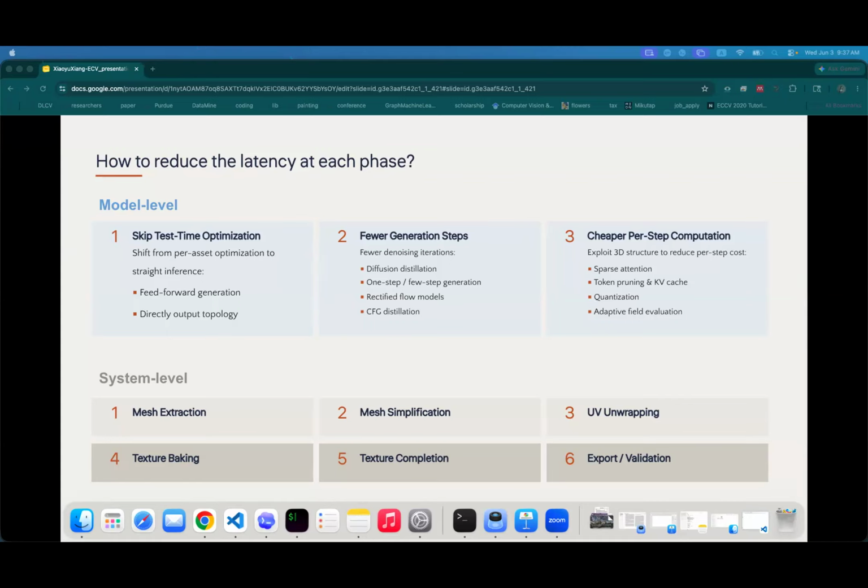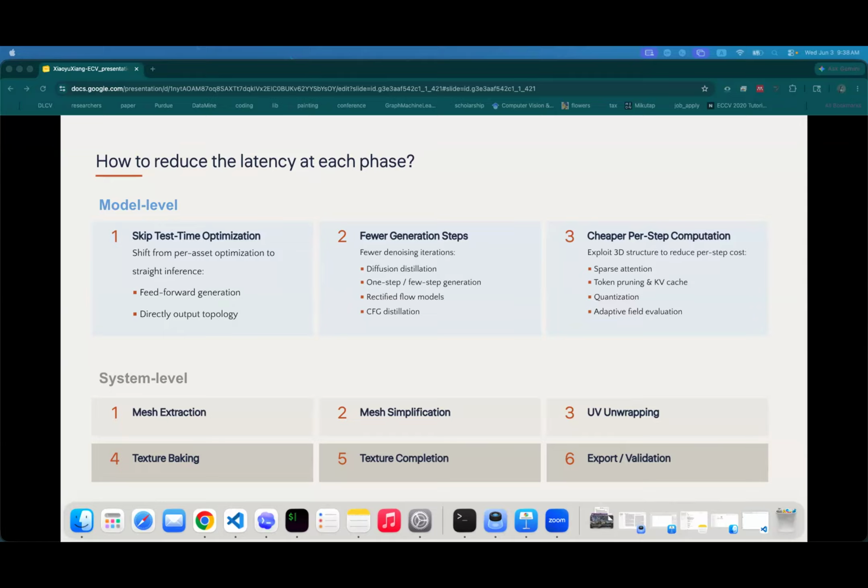So at a high level, I group the model-level acceleration strategies into 3 axes. First is to skip the test-time optimization, moving from per-asset optimization to feed-forward generation. Second, use fewer generation steps. This includes distillation, one-step or few-step generation, rectified flow, and CFG distillation.